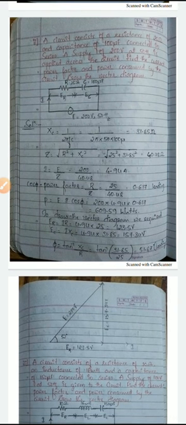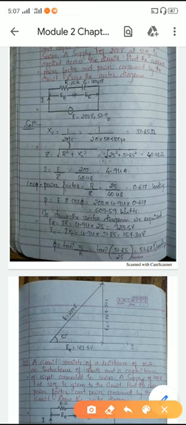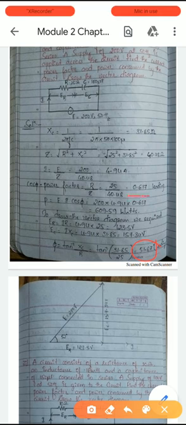Tan inverse of 31.85 divided by 25 gives 51.87, right? If you want to cross verify your answer, calculate cos phi, that is cos 51.87, and you should get 0.617, then only your answer is correct, right?